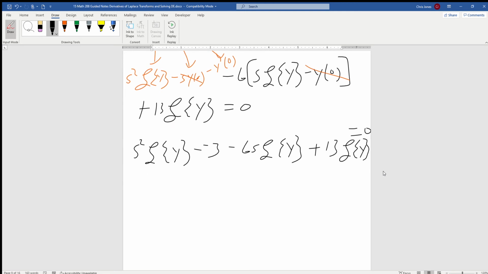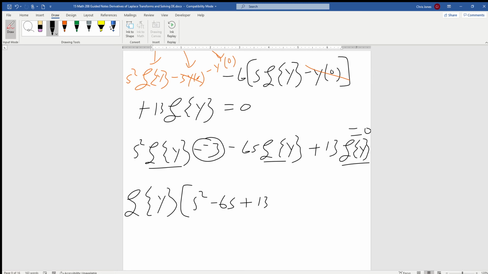Right? Now, what we're going to do is we're going to factor out those three Laplace y terms. We're also going to subtract this positive 3 from both sides. And so our next line algebraically is going to be Laplace of y times s squared minus 6s plus 13 is going to be equal to 3, or negative 3, excuse me.